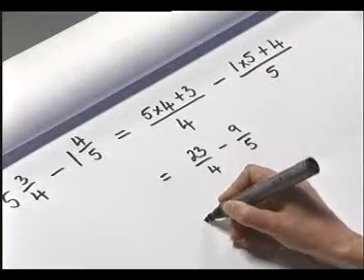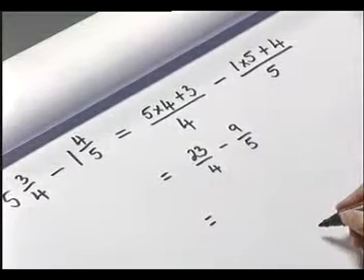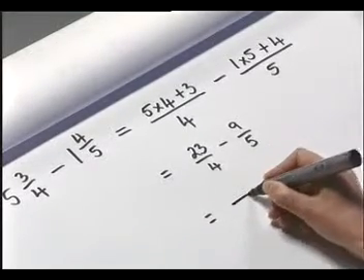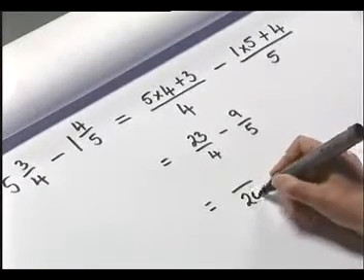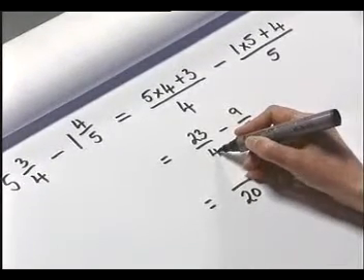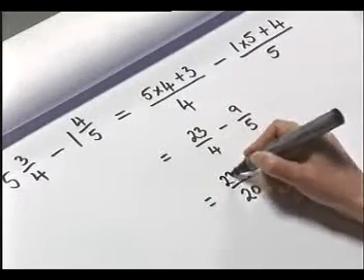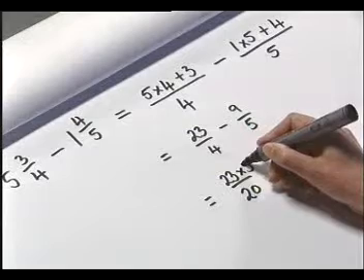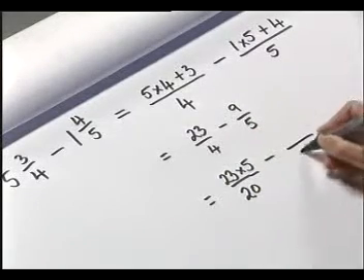Now we need to find the common denominator of 4 and 5. Well, as we found before, that's 20. What have we multiplied 4 by to make 20? That's 5. So we have to have 23 times 5. Take away our 20ths.